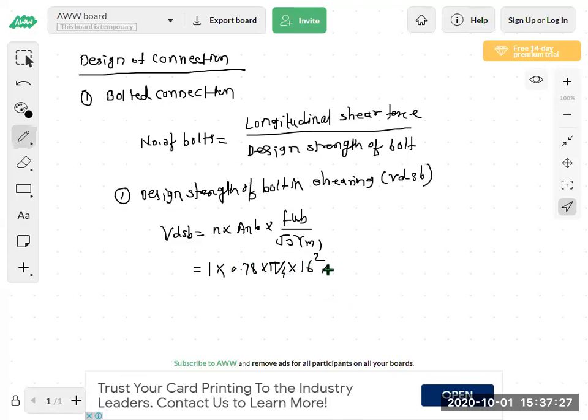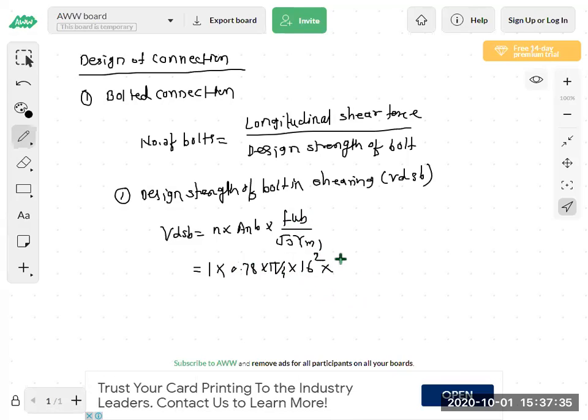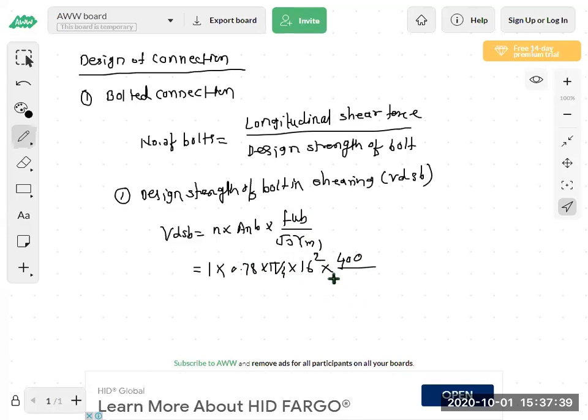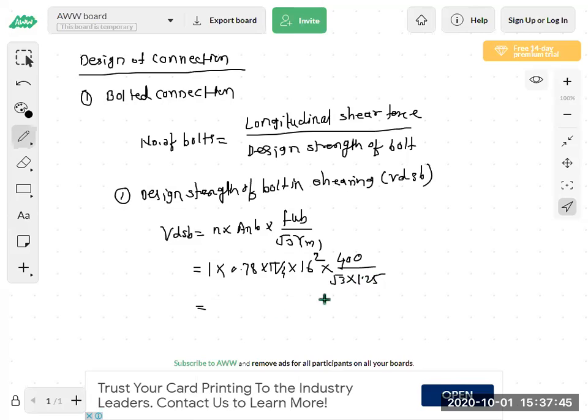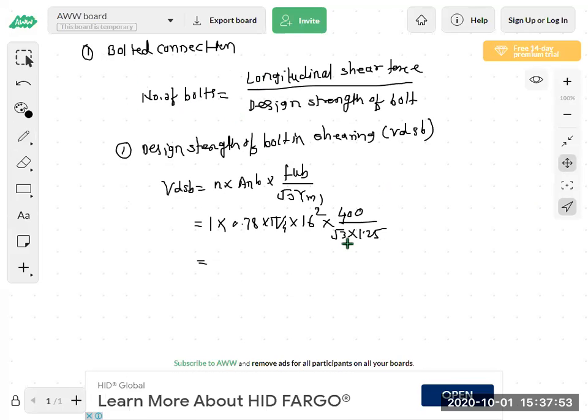Into fub, 4.6 grade bolt we have assumed. We are using 4.6 grade bolt of 16 diameter. So here 4.6 grade means 400 divided by root 3 into gamma m1. Gamma m1 is 1.25. So calculate first design strength of bolt in shearing, then we will calculate bearing, then we will get this number of bolts.